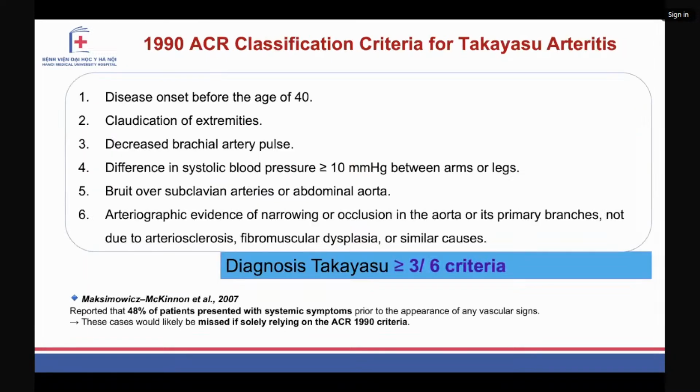And here is the 1990 ACR classification criteria for Takayasu arteritis. And you can see some vascular signs such as absent pulses, blood pressure discrepancy, and bruits. These features are often absent in children, especially during the early systemic phase.